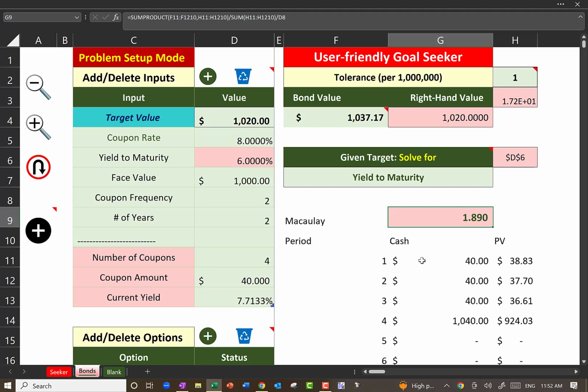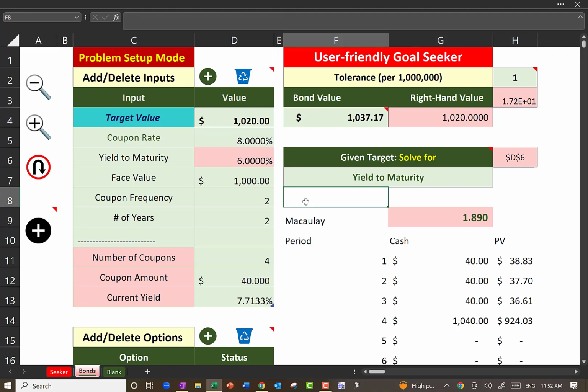Take Macaulay duration, divide that by 1 plus yield to maturity divided by coupon frequency. And I'm going to give that a different format.